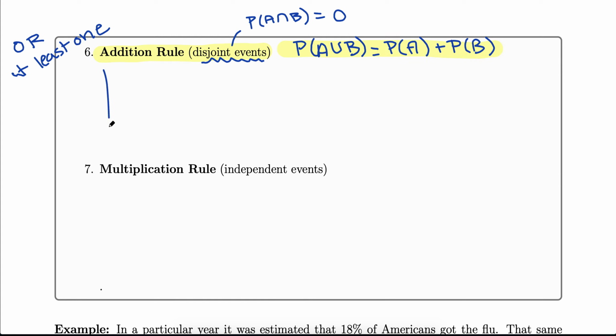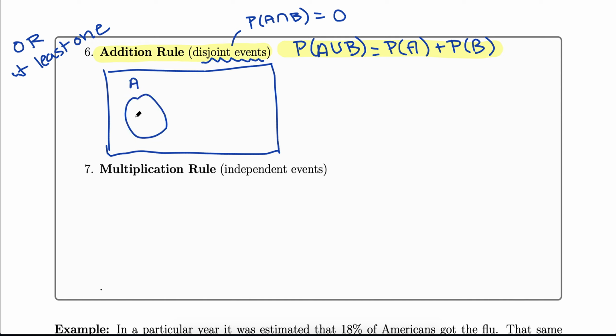Let's just do one example from our coin toss setting. So for this one, suppose I had event A, which was tails, tails. I have event C, which was heads, heads. And I've got the other outcomes here, heads, tails, tails, heads. So these guys are clearly disjoint. There is no overlap. There are no common outcomes between the two.